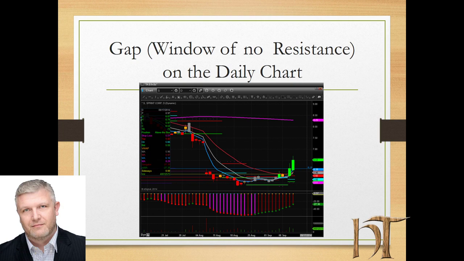Now here's one that's a little bit better. This is a gap with a window right here, and the gap down. All we see is how big that window actually is. It's huge.